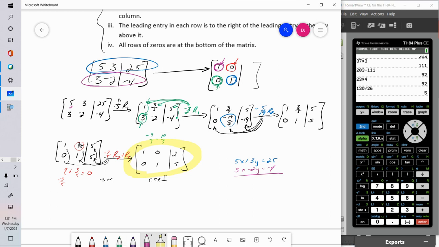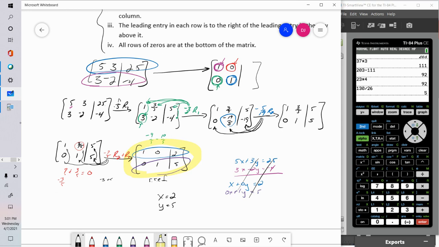Well, now down here at the bottom, the top equation is 1x plus 0y equals 2, and the bottom equation is 0x plus 1y equals 5. In other words, x equals 2 and y equals 5.